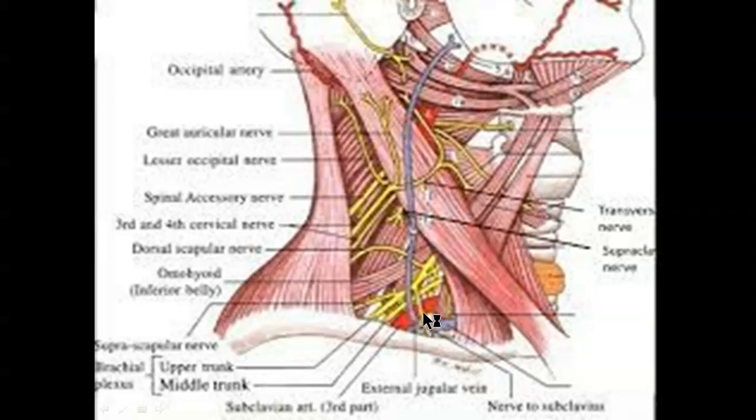So from the lower abdominal region or the thoracic region, metastasis can pass into your brain and other structures in the upper body through these supraclavicular lymph nodes. So these are very important lymph nodes in the deep cervical area.